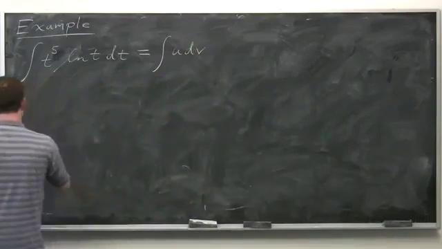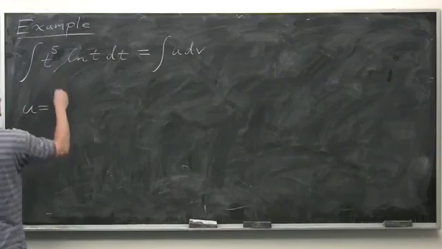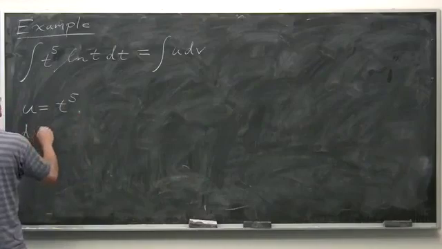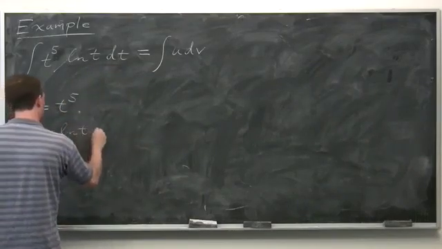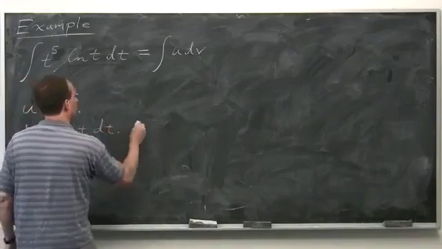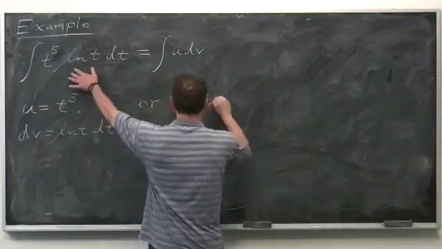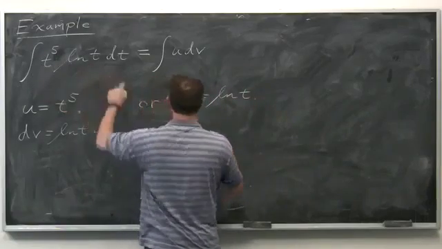So there are 2 reasonable choices that you might make. You could let u be the t to the 5th part, and dv would be the leftover part, so ln of t dt. Or you might try u equals the ln of t part, and that would leave dv to be the t to the 5th dt.